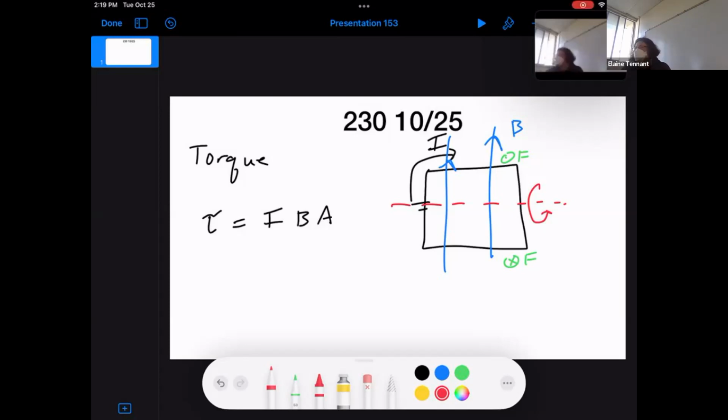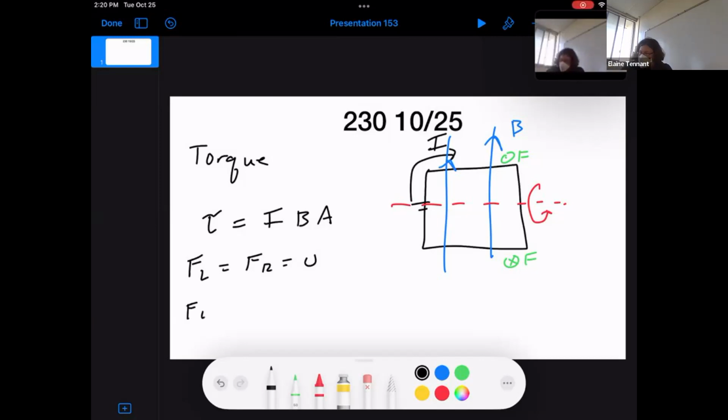Okay, did we move the axis? Did we talk about how you can have a different axis? All right, let's do this with a different axis. If you recall, we calculated the force on each side of this rectangle. We found the force on the left and the right to be 0 because the current was either in the exact same direction or the exact opposite direction of the magnetic field.